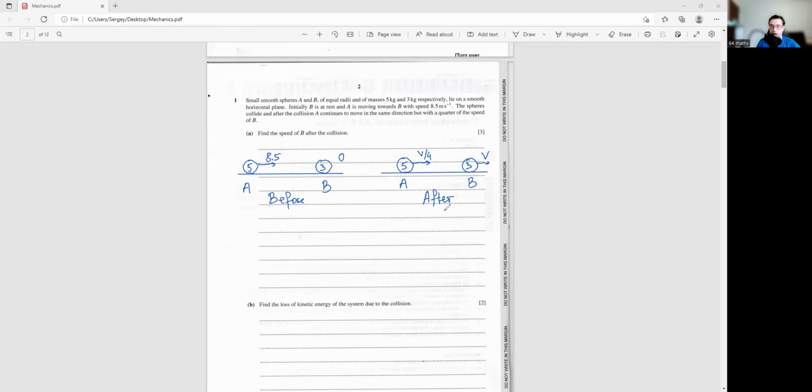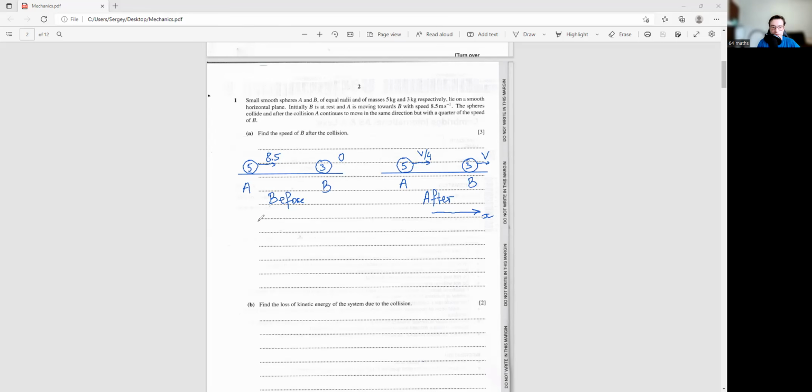Before we start writing any equations, let's choose the direction of the x-axis, and I'm going to choose it to the right. Now we can start writing the momentum, which is mass times velocity.